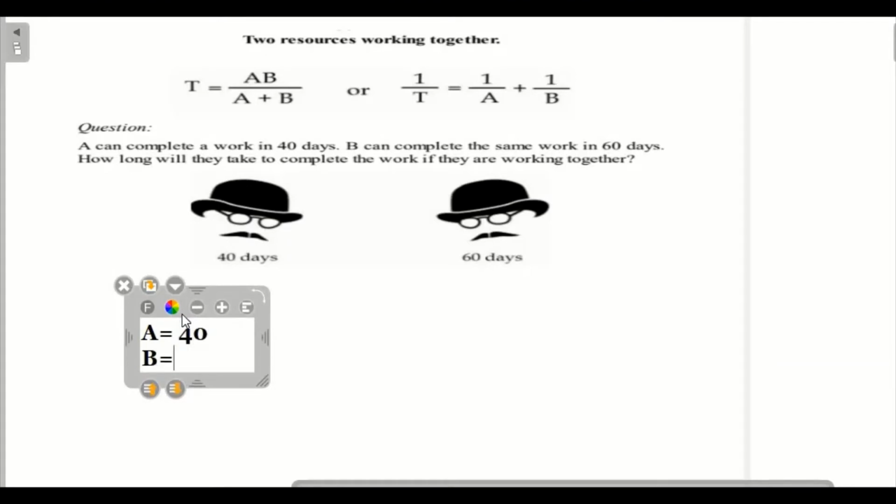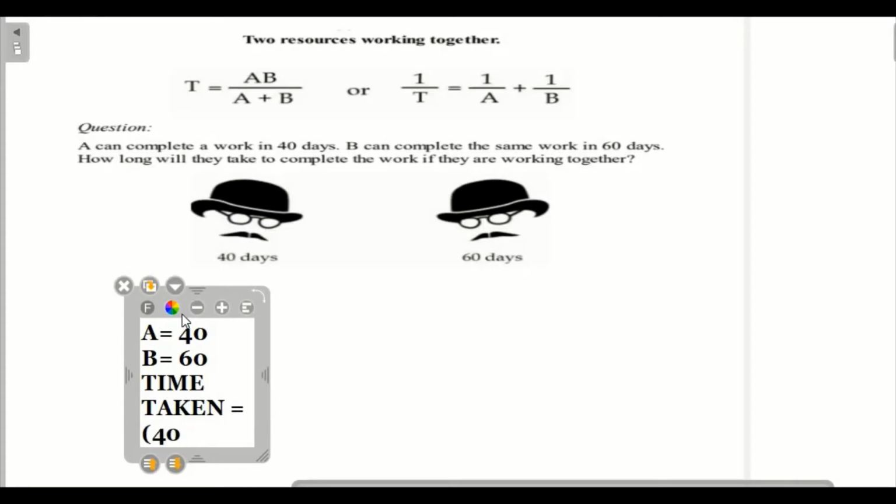If they work together, we have to find the time taken by both. So time taken by both is equal to 40 into 60 divided by 40 plus 60.